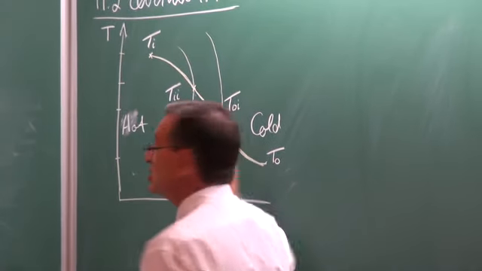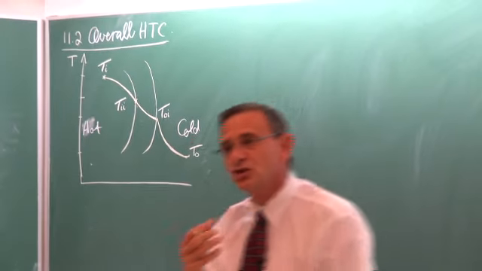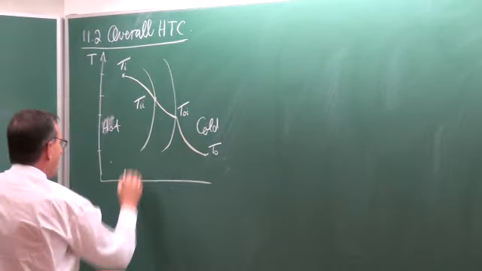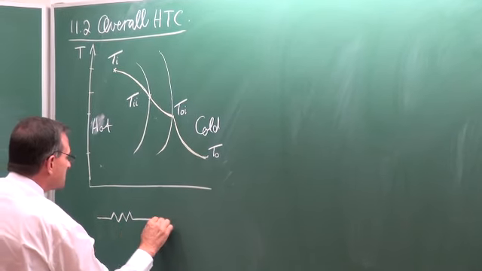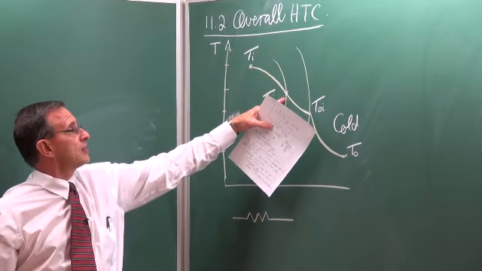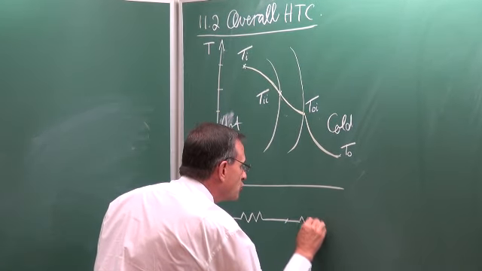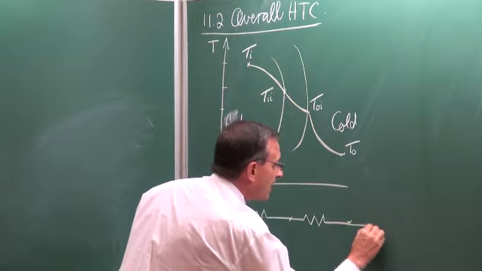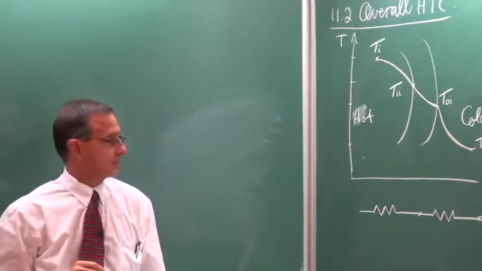But in principle, we've already done it, and we've said that all these changes in temperatures can be presented as different resistance terms. And the different resistance terms would be the resistance of the heat transfer through the inner fluid. Okay. Then it would be the resistance through the wall, and then it would be the resistance through the outer fluid. Okay.